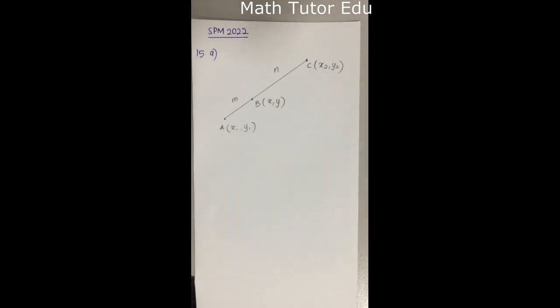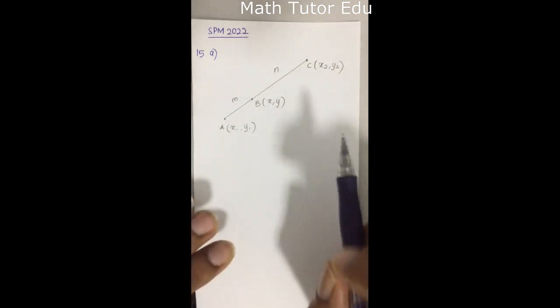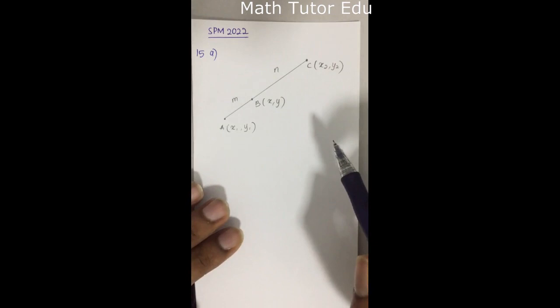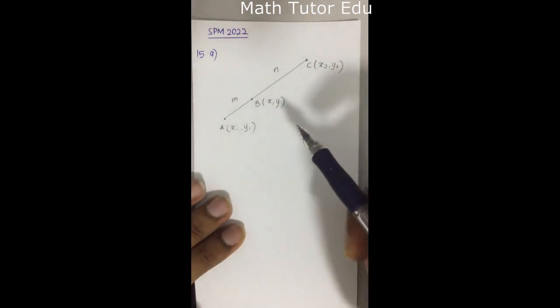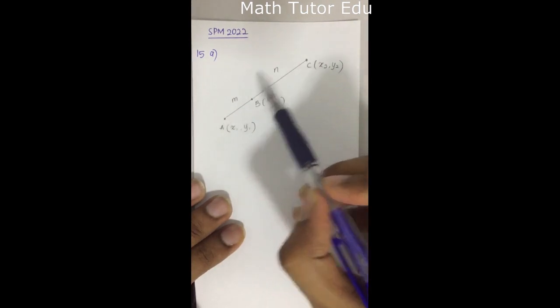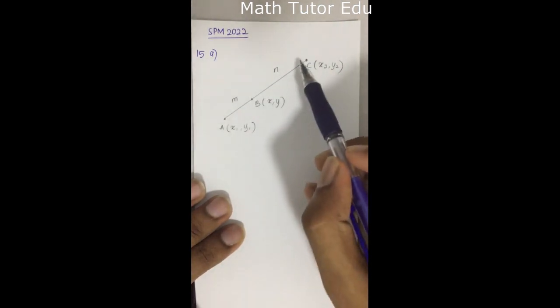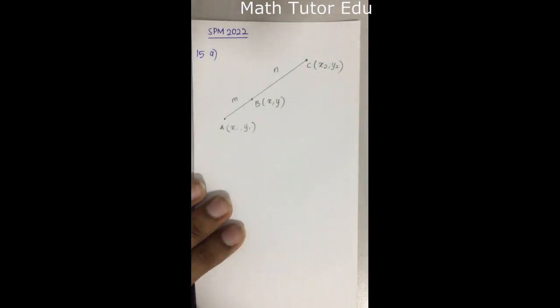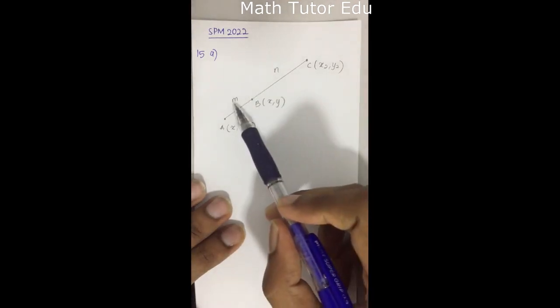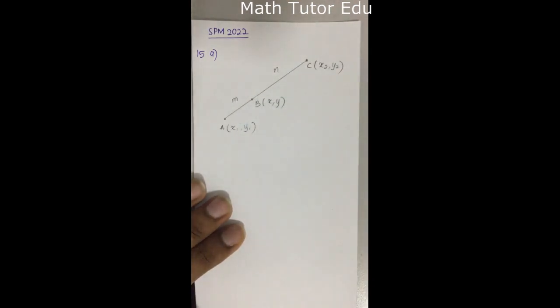Since we only need to show the y part, I'm going to do the comparison of these two particular segments. Since portion m and portion n are two straight lines with different coordinates, we can do the comparison of the gradient of the line, and we can do the comparison in terms of ratio.